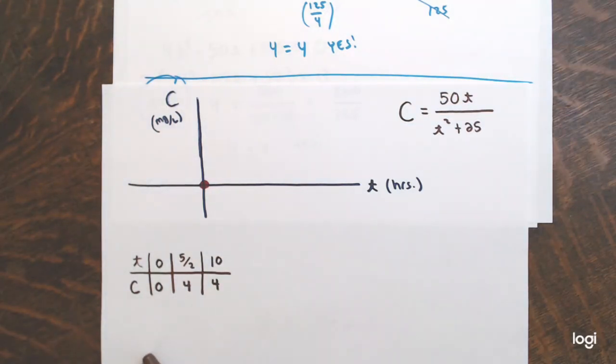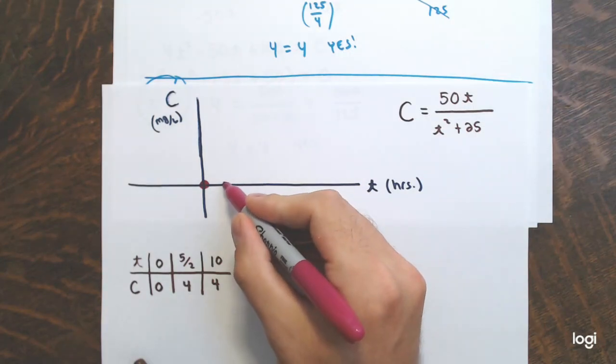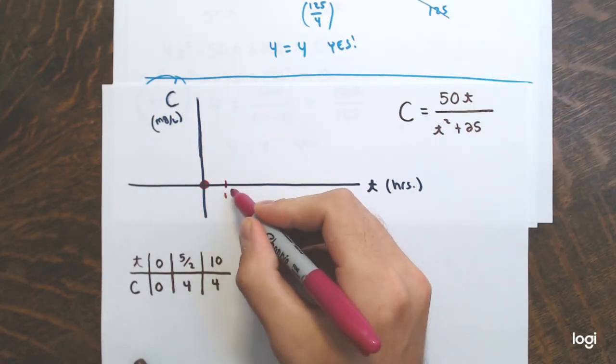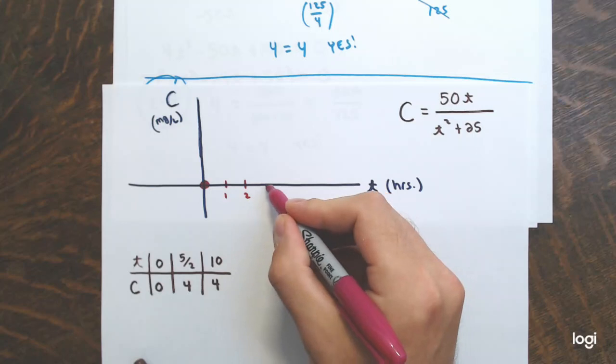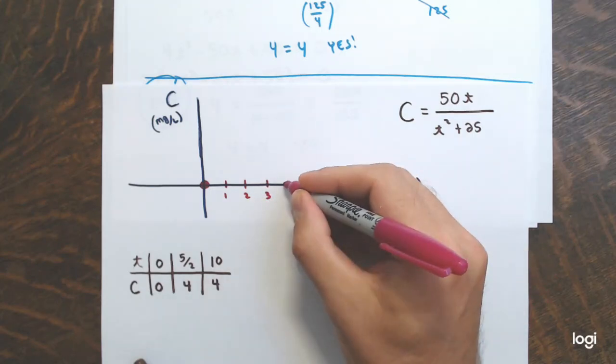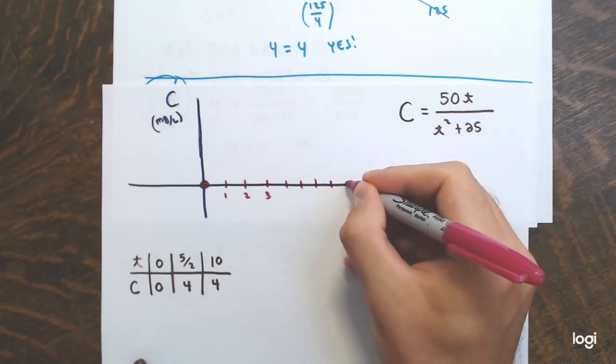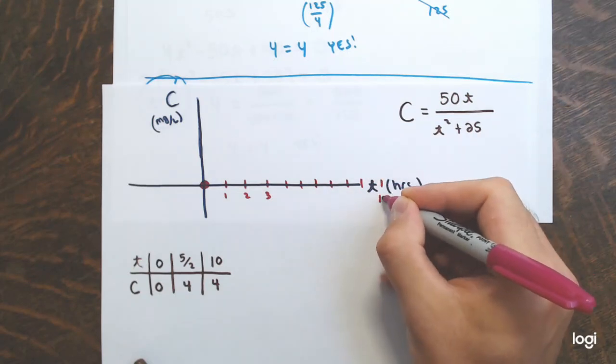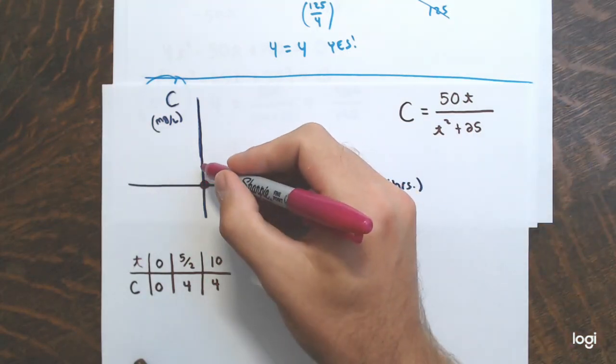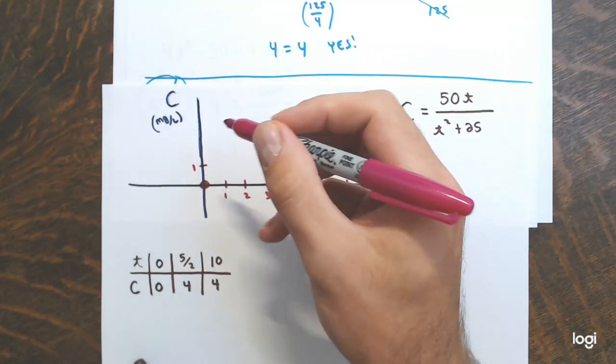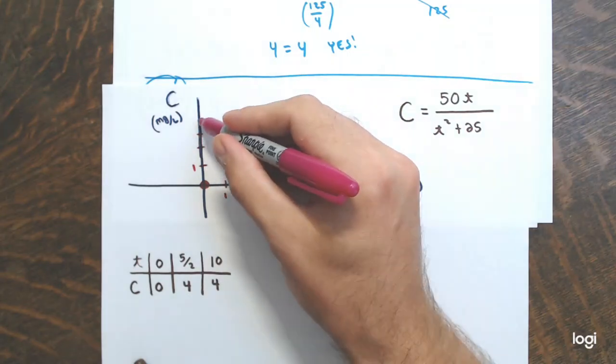So I'll plot those. Let's say this is 1 unit here, 1 hour, 2 hours, 3 hours, and let's say that's 10 hours out here. And for the concentration, say that's 1 milligram per liter, 2, 3, 4, 5.